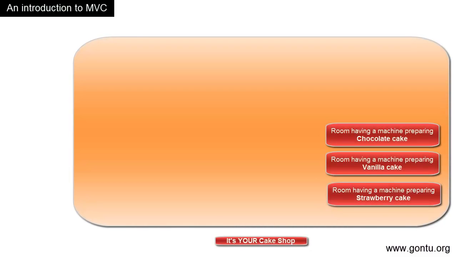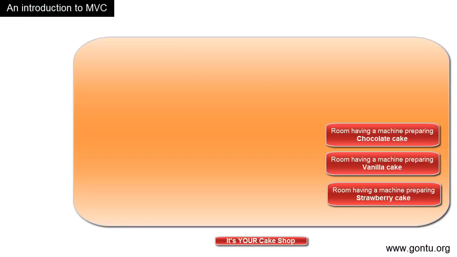Say you own a cake shop and this is how you have organized your shop. You have 3 rooms in the shop. Each room has a different machine installed which has a capability to prepare a specific type of cake. So the machine in the first room prepares a chocolate cake, and the machines in the second and third room prepare a vanilla and a strawberry cake respectively.